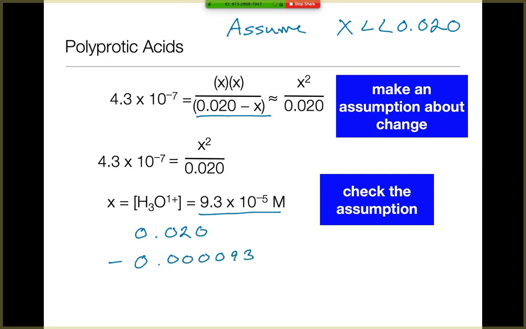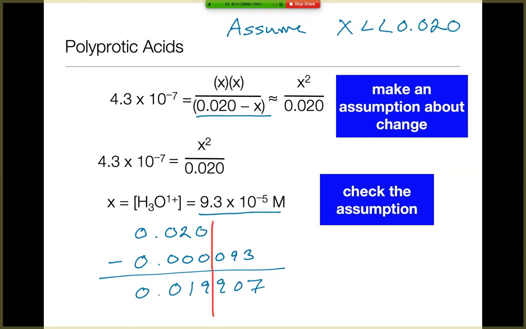Let me do it real quick on my phone, since I do not have a calculator. If we take 0.02 minus 0.000093, I get 0.019907. I check my significant figures.